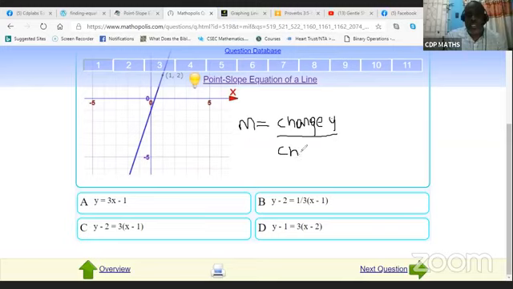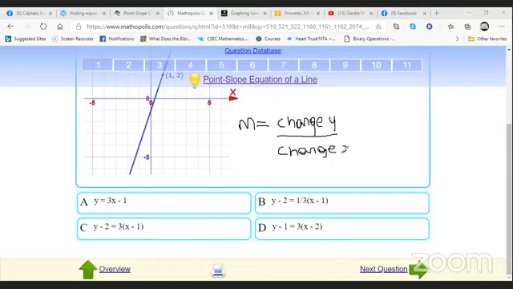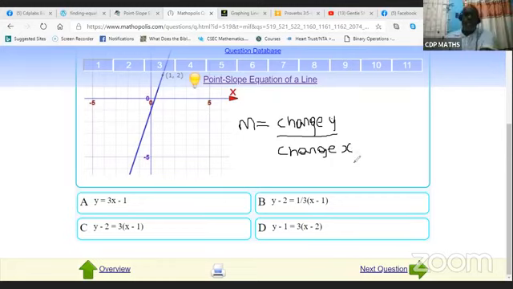So what is it? And remember the gradient is also the quotient, because when you divide, you get a quotient. Good? Yes, sir. So change in y divided by the change in x. What's the quotient?